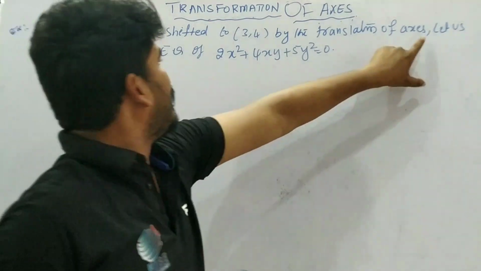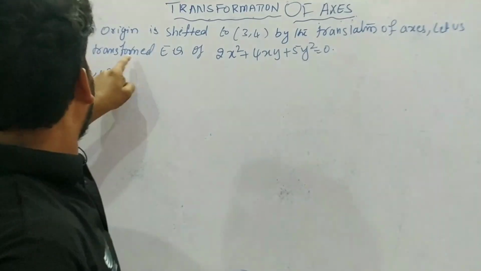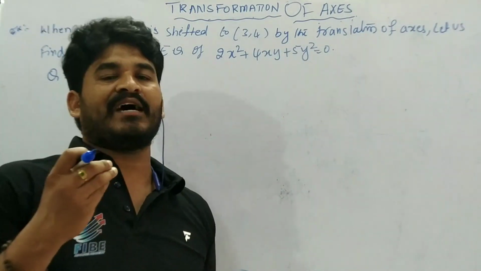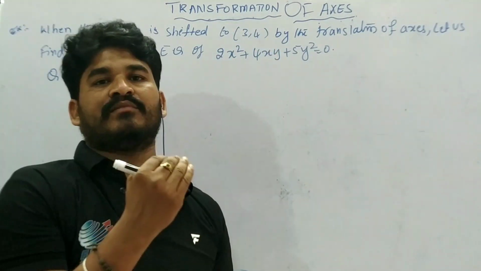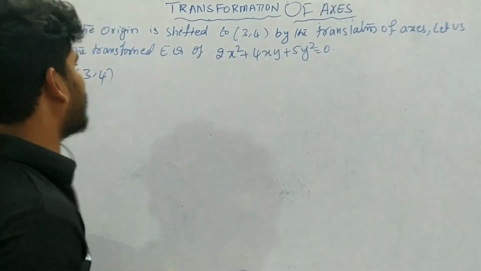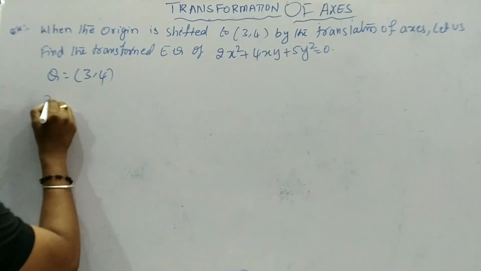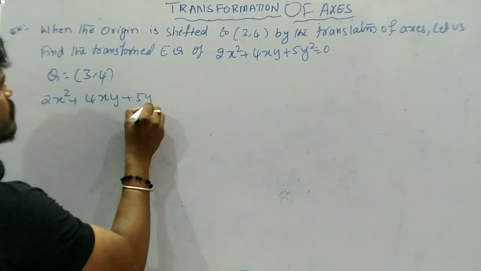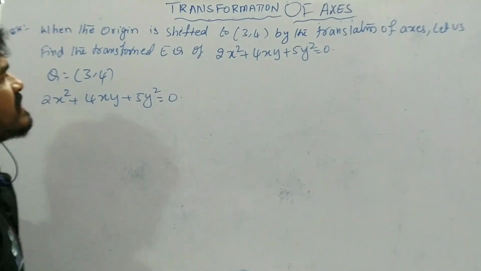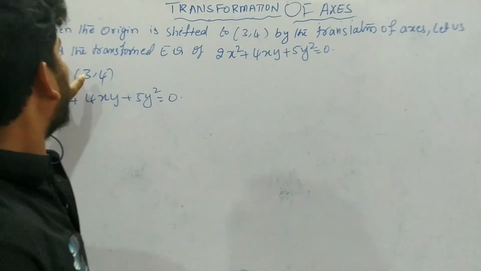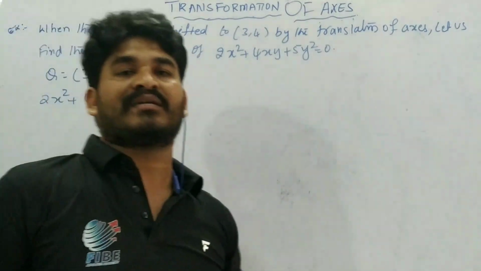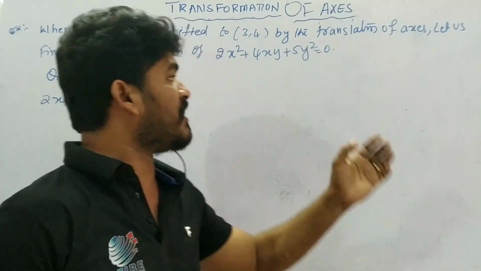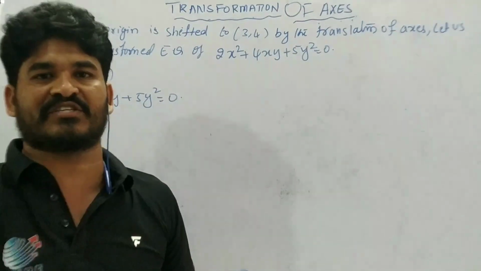Next, the equation before the transformation, when the origin point is not shifted, is 2x square plus 4xy plus 5y square equal to 0. The question is to find the transformed equation, that is, the equation after the origin axis is shifted.